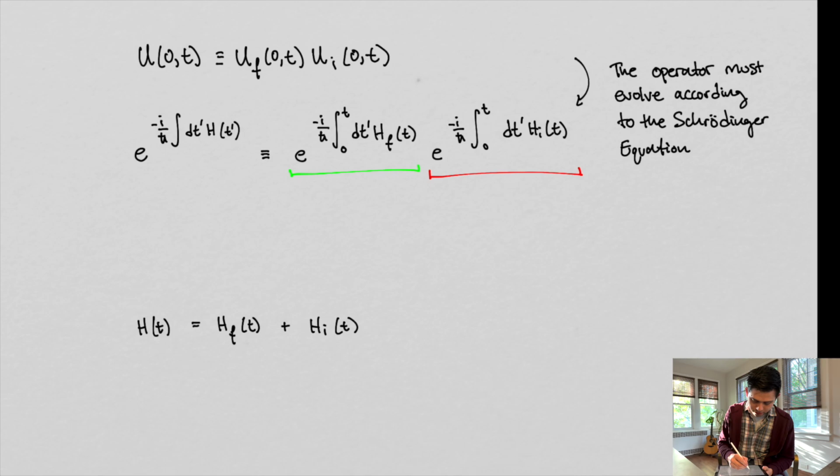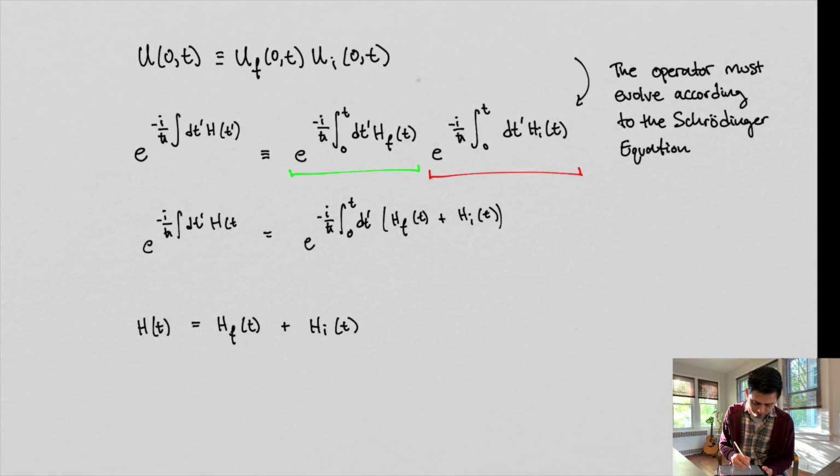This is the same thing as e to the minus i over h bar, integral from 0 to t dt prime of h f of t plus h I of t prime.